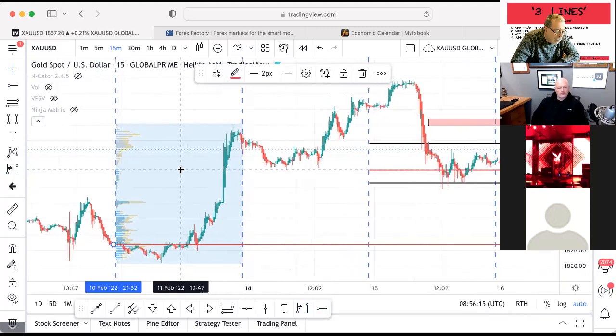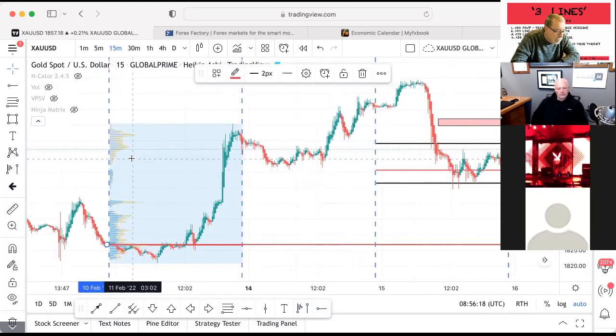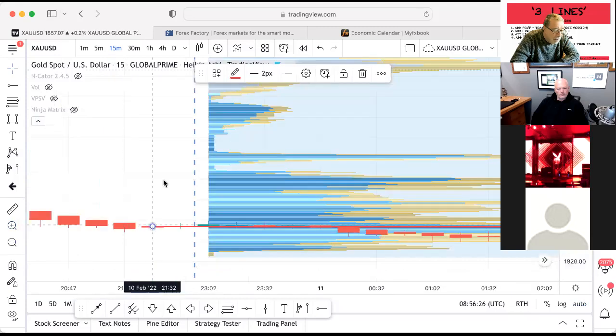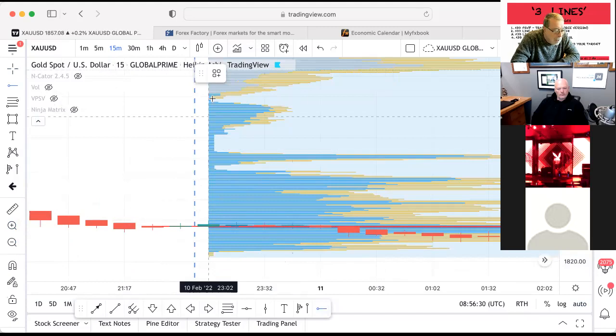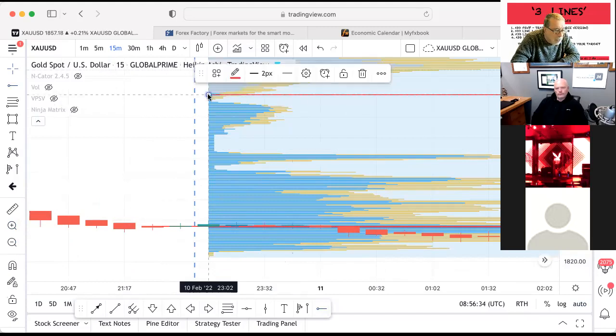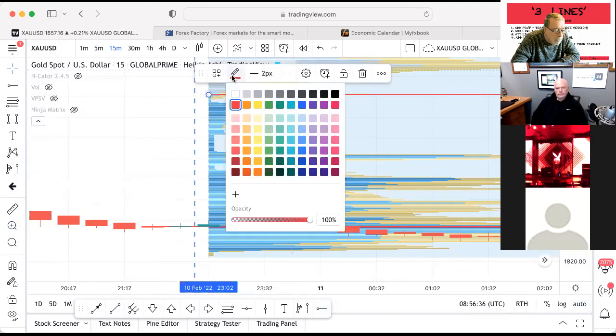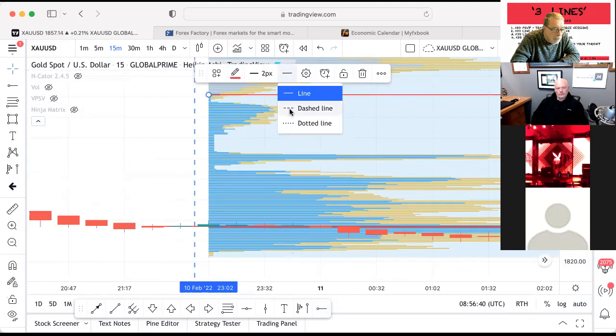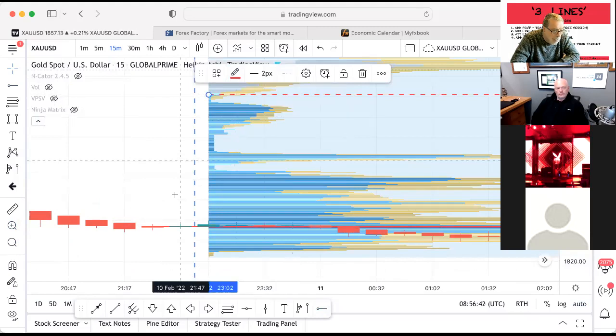We'll put the field of play on, and in order to do that, I need to zoom in, because I need to see where the blue becomes grey. So we need to put a line on at the top of the blue where blue becomes grey. Just so we don't get confused, I'll make it a dashed line.